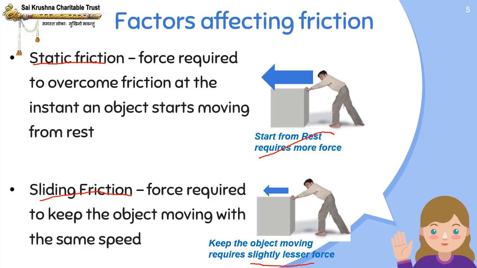So in the case of sliding friction, the contact points do not get enough time to lock with the contact points on the floor. So this is the reason why sliding friction is lesser than static friction.